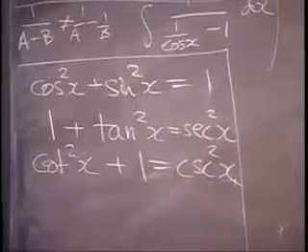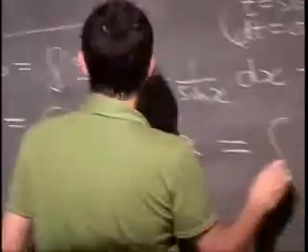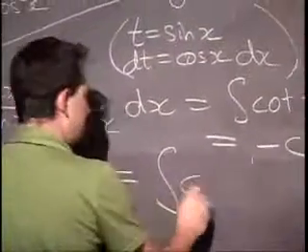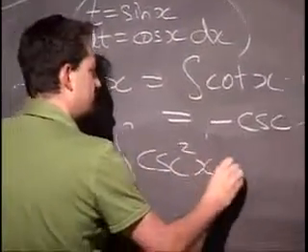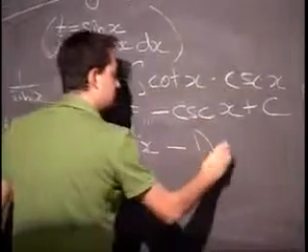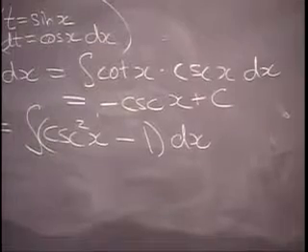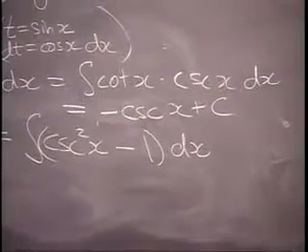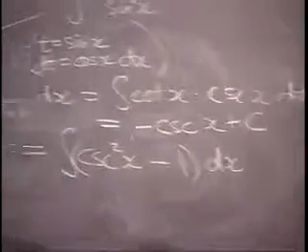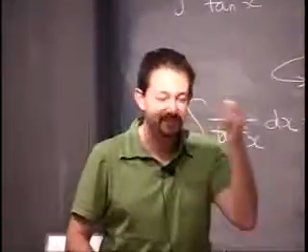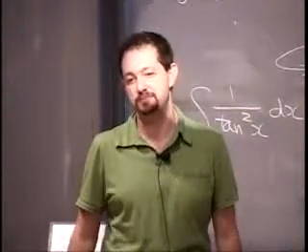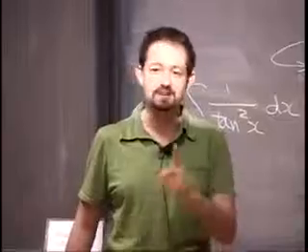I'm going to write this as cosecant squared x minus 1 dx. I told you this was long. Okay. Now I ask again. Is there a function whose derivative is cosecant squared that we know off the top of my head? That one, the answer is yes.